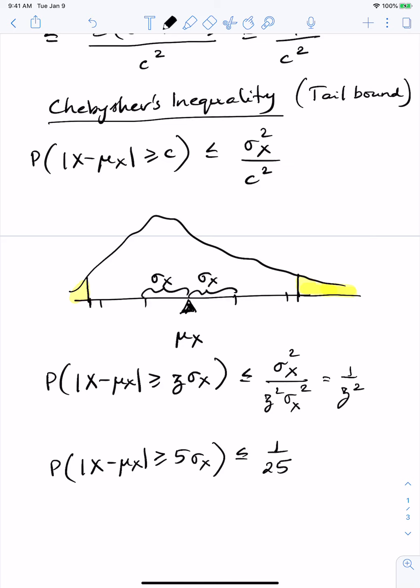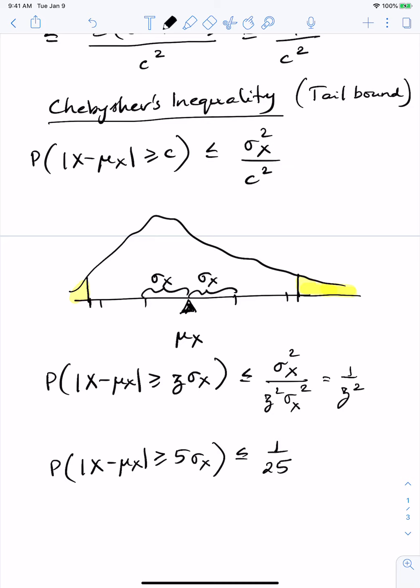The chance that that distance is at least 3 standard deviations is at most 1 in 9, and so on. And so what this way of looking at Chebyshev's inequality is telling you is that a random variable is typically going to be within a few SDs of the mean.